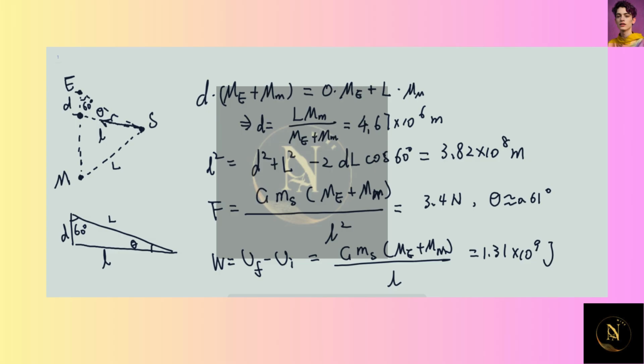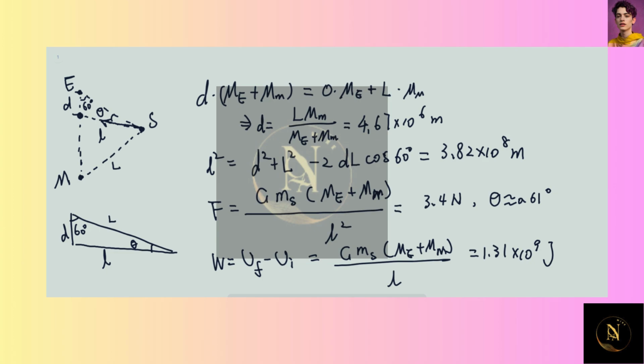And from this triangle, I show it here, we know this side is d, this side is L. We need to find the distance between the satellite and the center of mass, which is a small l here.